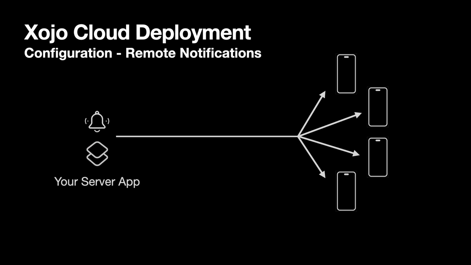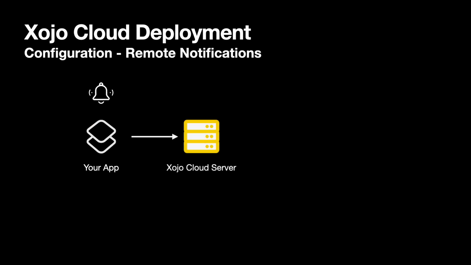So how do those work? This is one of the places where Xojo Cloud helps to make this easier. So if you've got your app that's, again, looking for some criteria to occur, maybe you have a database server and you're looking for records that require a notification to some number of users. But anyway, you have this app. Maybe that app is running on a Xojo Cloud server.